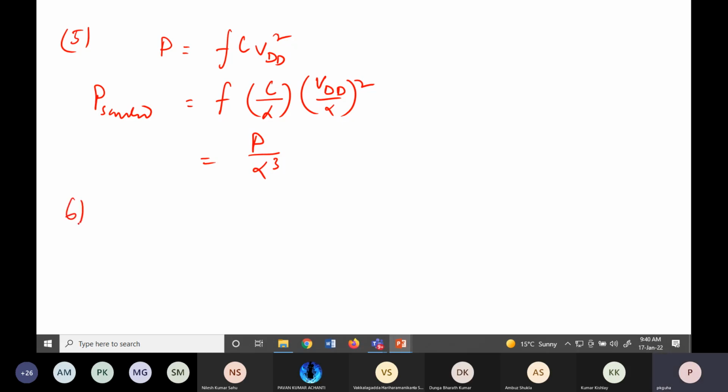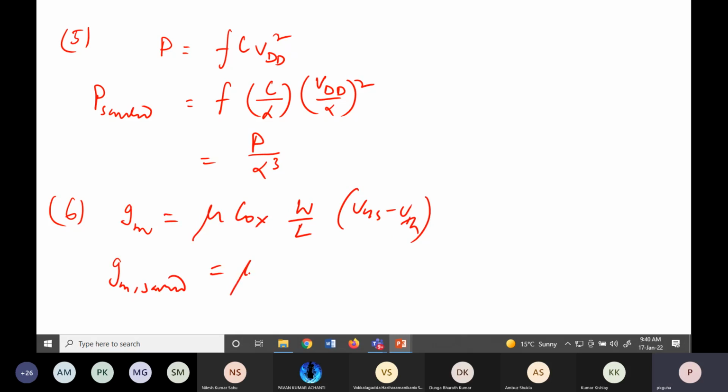If you think about your analog circuits, maybe if you are interested in GM, you know GM is mu Cox W over L times VGS minus VTH. If you find GM scaled, GM will not change, sorry: alpha Cox, W by alpha, L by alpha, and also VGS by alpha, VTH by alpha.